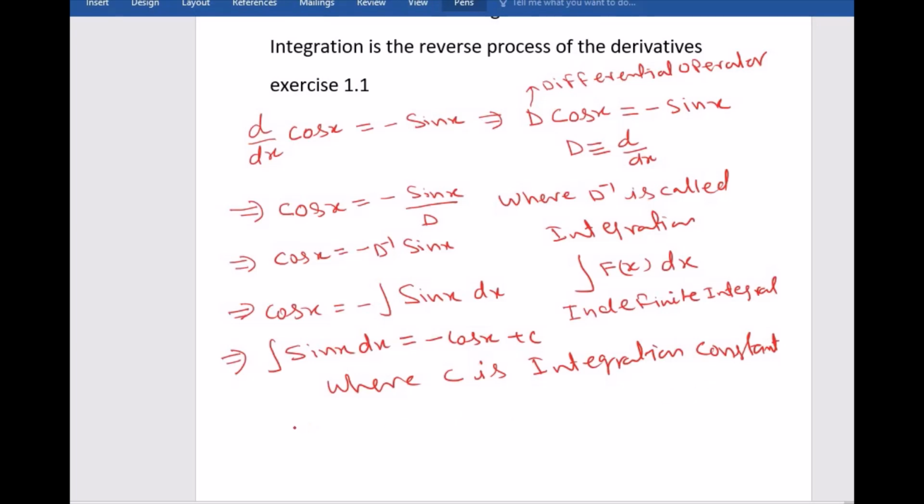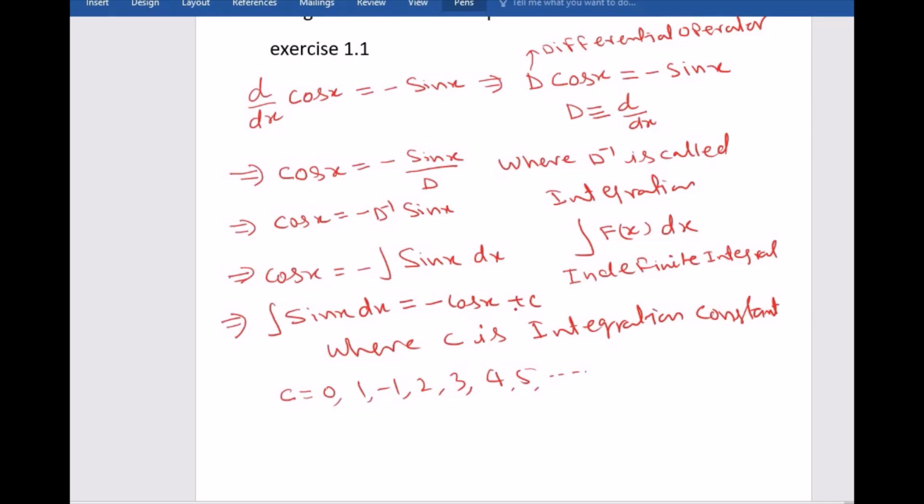Arbitrary means when you want to write any value, suppose c is equal to 0, sometimes 1, minus 1, 2, 3, 4, 5, whatever. That's why c is the integration constant, which is arbitrary. Arbitrary means whatever you want you can put in place of c, and because of c, this integration is called an indefinite integral.